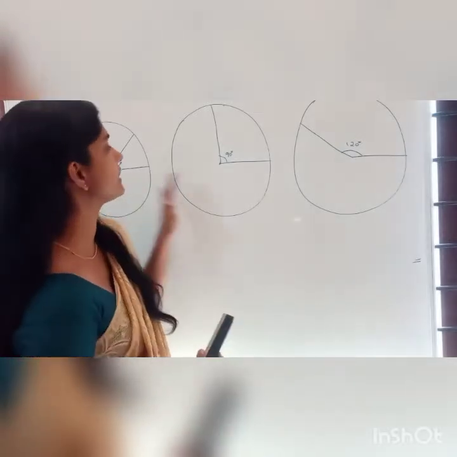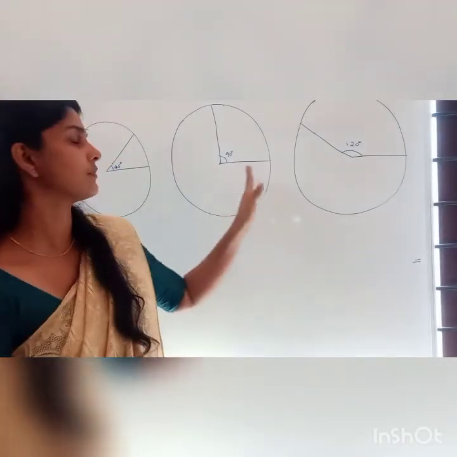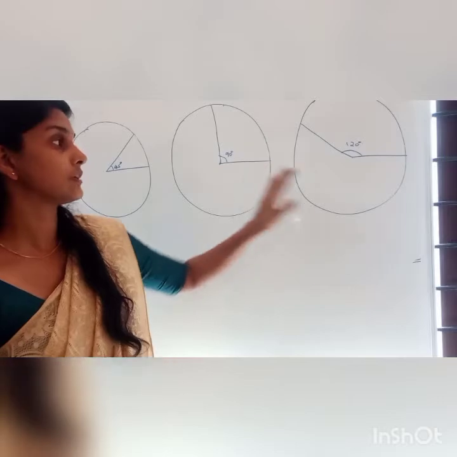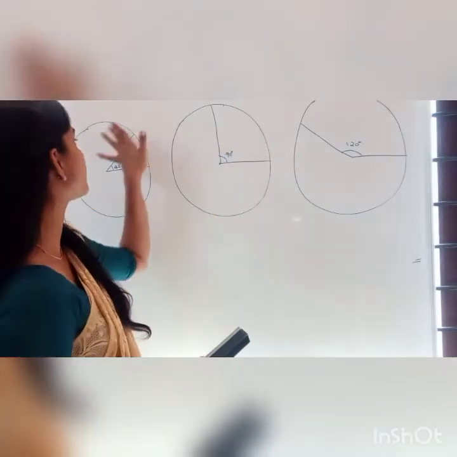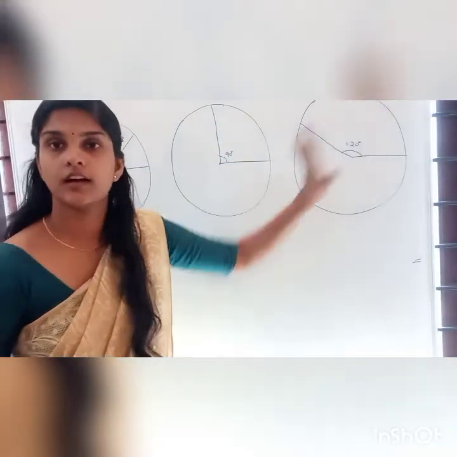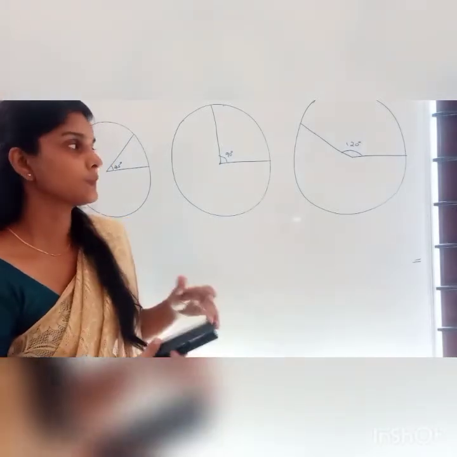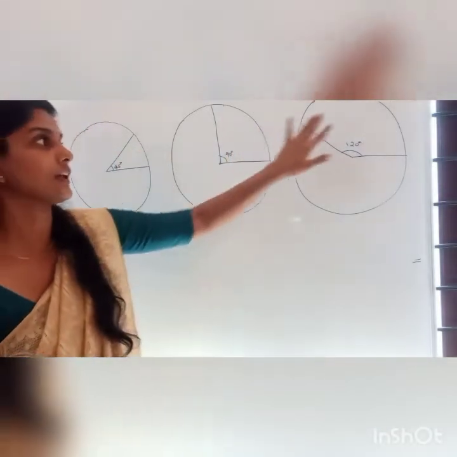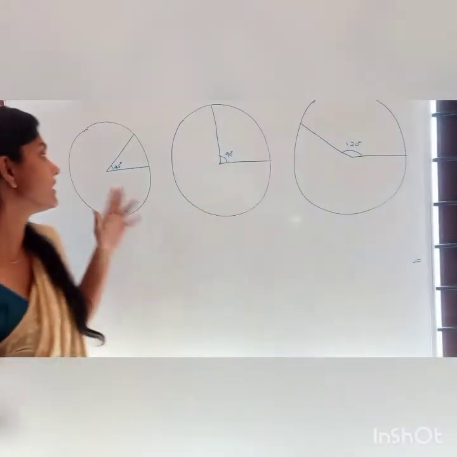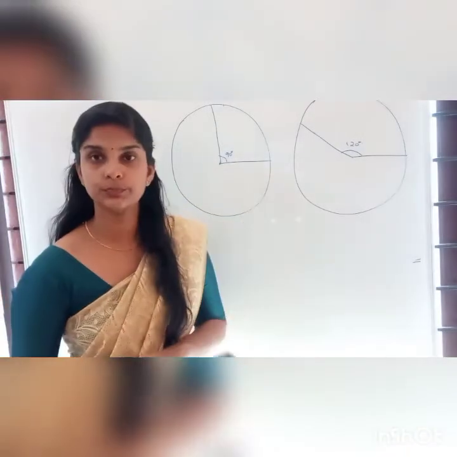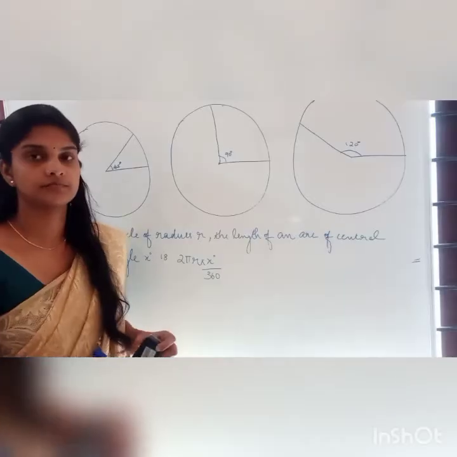So in these cases the central angle is keeping on increasing. The arc length here is also keeping on increasing, right? So we can say that as the arc length increases, the central angle also increases.